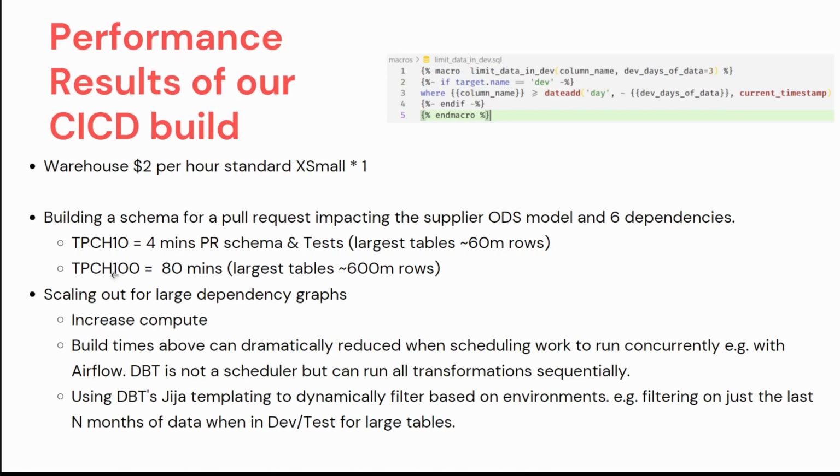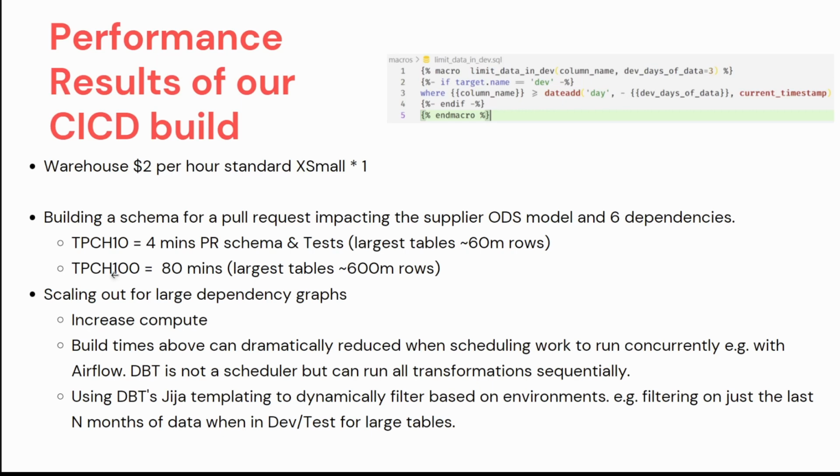Build times can be dramatically reduced when scaling work to run concurrently. dbt is not a scheduler, but it can run transformations sequentially. So for the purposes of this demo, we've just been using the dbt sequential runner. Using dbt's Jinja templating, we can dynamically filter based on the environment that you're using. So if you're in development or in test, you can actually restrict the amount of data that's flowing through the entire pipeline.